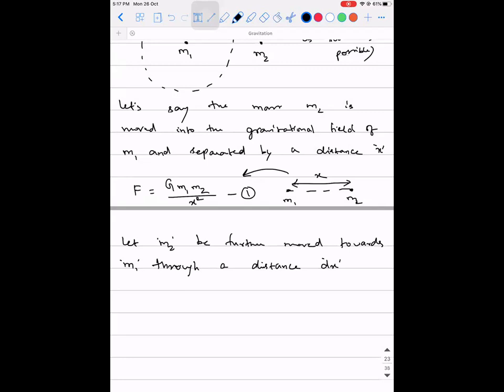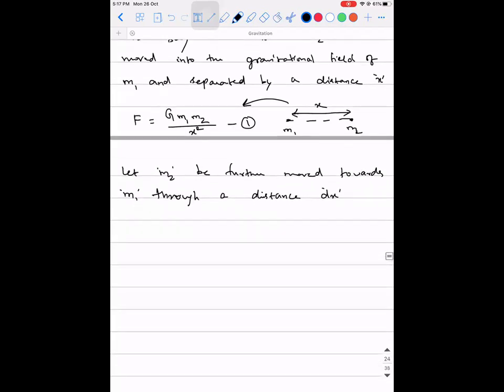When m2 is further moved by a distance dx, the work done by the force in the displacement dx is dW, and I'm writing dW because the displacement is very small, equal to F dx.